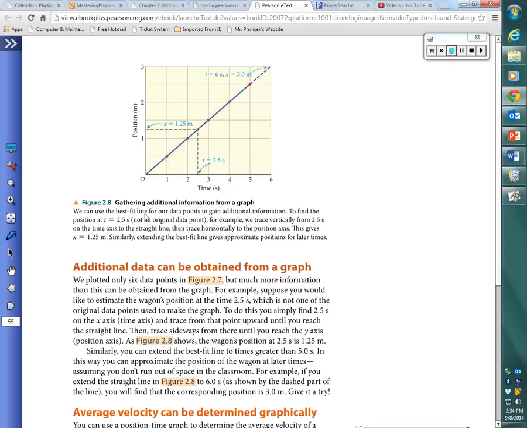Gathering additional information from a graph, even though we only measured the red dots that show up on this graph, we can make predictions about where the object was at places other than those red dots based on the trend and the line that we put in there to represent that trend, right? Then at 2.5 seconds, we could probably assume that it was around 1.25 meters because of the trend in the numbers that we actually measured.